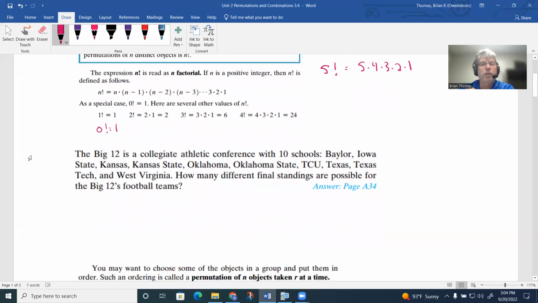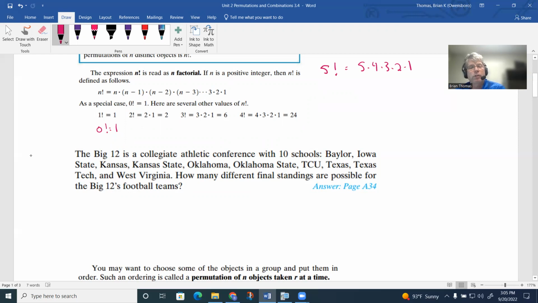So as far as the permutation goes, let's look at an example. The Big 12 is a collegiate athletic conference with 10 schools: Baylor, Iowa State, Kansas State, Oklahoma State, TCU, Texas Tech, and West Virginia. How many different final standings are possible for the Big 12's football teams?